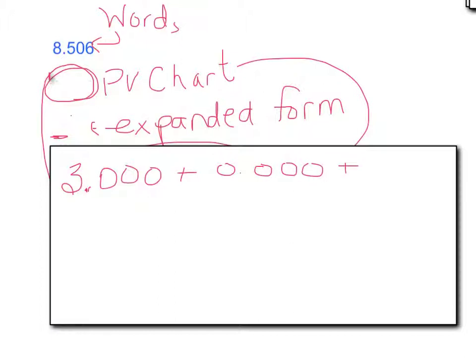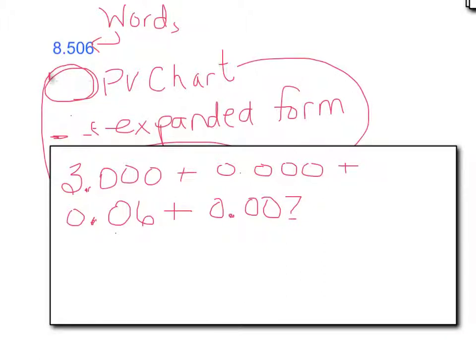Plus the 6, which is in the hundredths place, so 0.06, must have that 0 there. Plus the last one, which is the 7 in the thousandths place, 0.007, so the 7 is in the thousandths place.